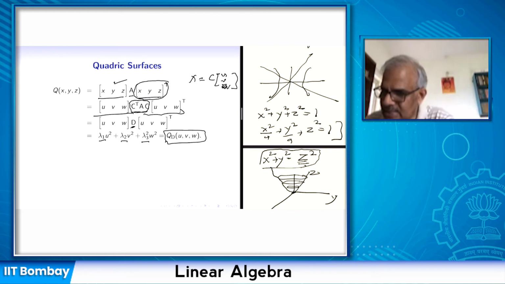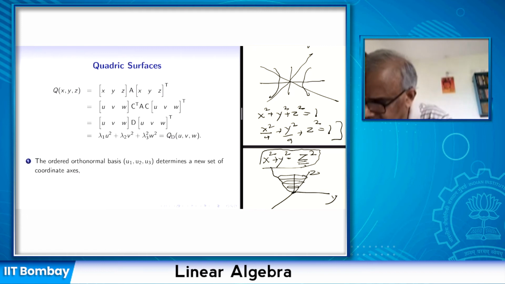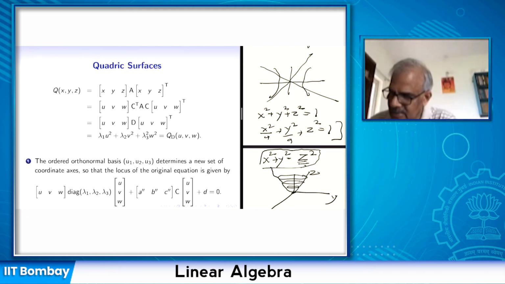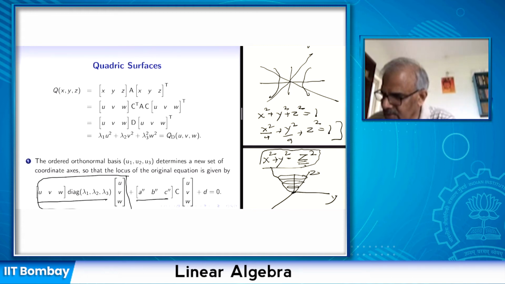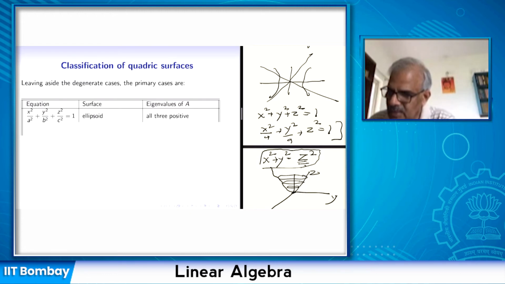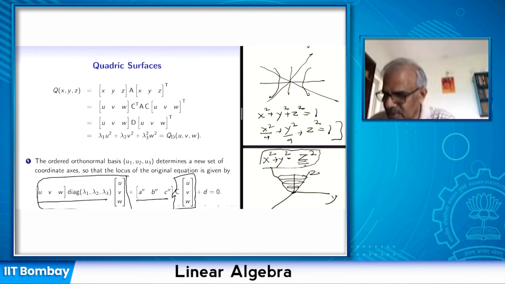So Q of XYZ is equal to Q_D of UVW by change of coordinates. The original equation can now be written in terms of UVW: the quadratic part becomes this, and this is the linear part, plus the constant equal to 0. That's the equation in UVW, and then you can work it out.